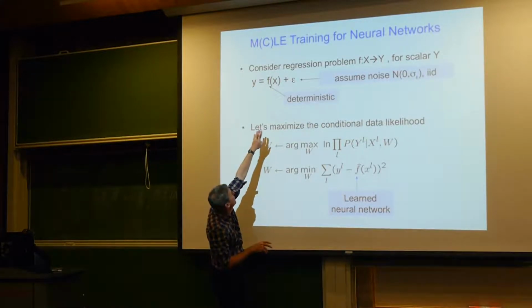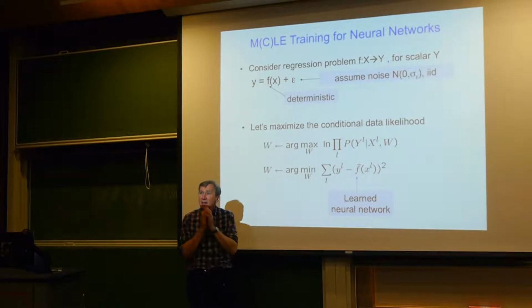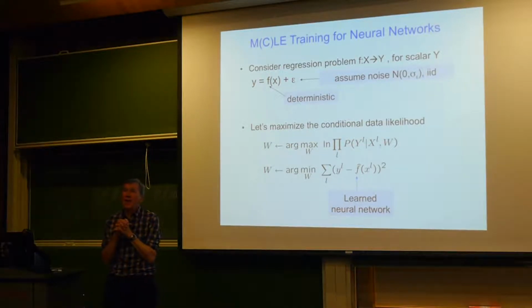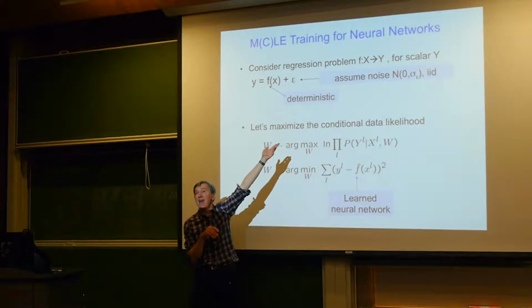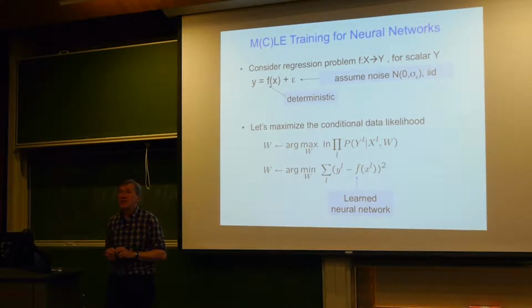Okay, so given that, if I ask you how would you train one, suppose I have some input x, I want to predict y, and I have a neural network I want to train to do that. We could go back to our old model for real valued regression, say linear regression.